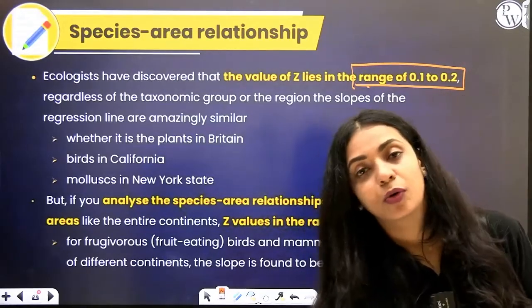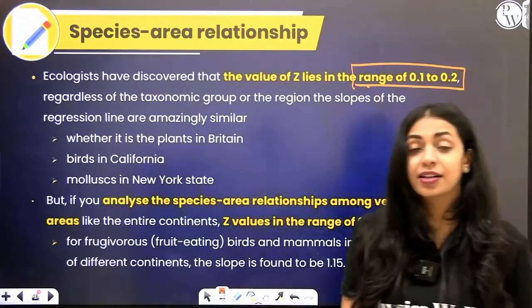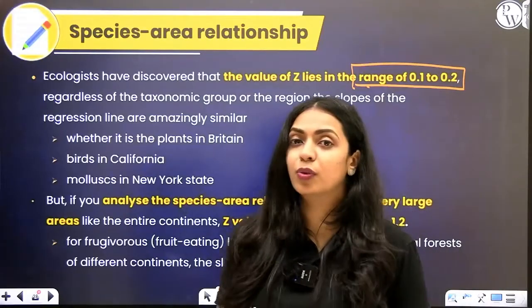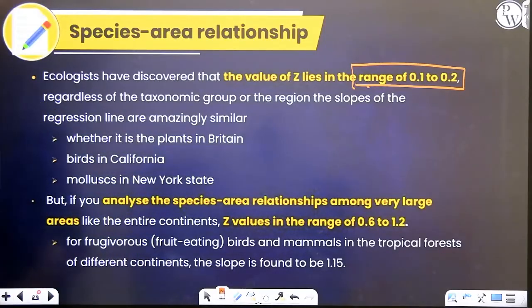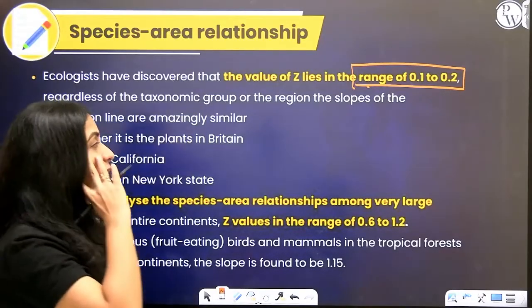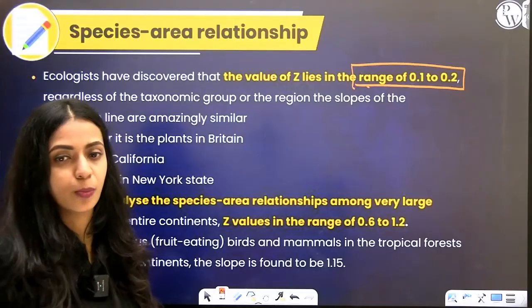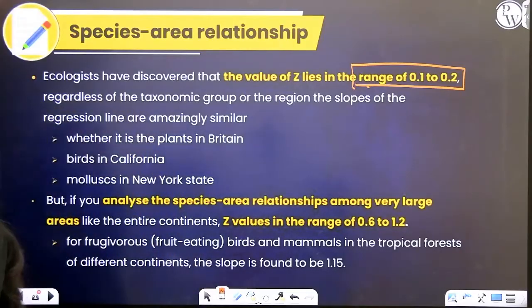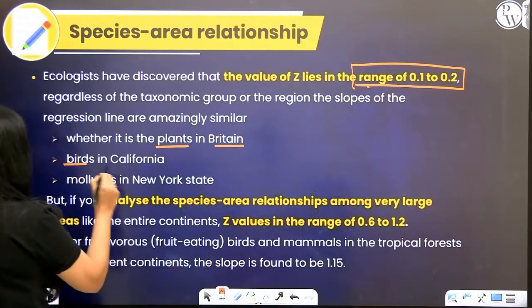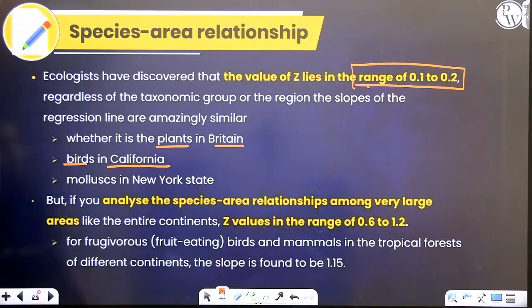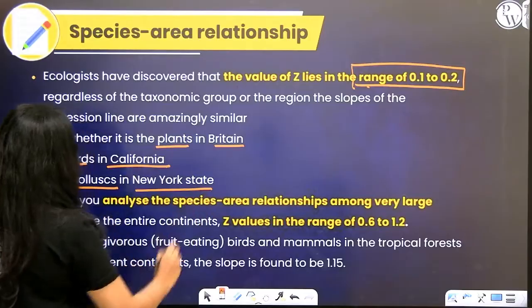It does not matter what taxonomic group you're considering. It does not matter which part of the world you're considering. But for most taxonomic groups in every part of the world, the value pretty much lies in the range of 0.1 to 0.2. For example, you could be studying the plants in Britain, the bird diversity in California, or mollusks in New York.